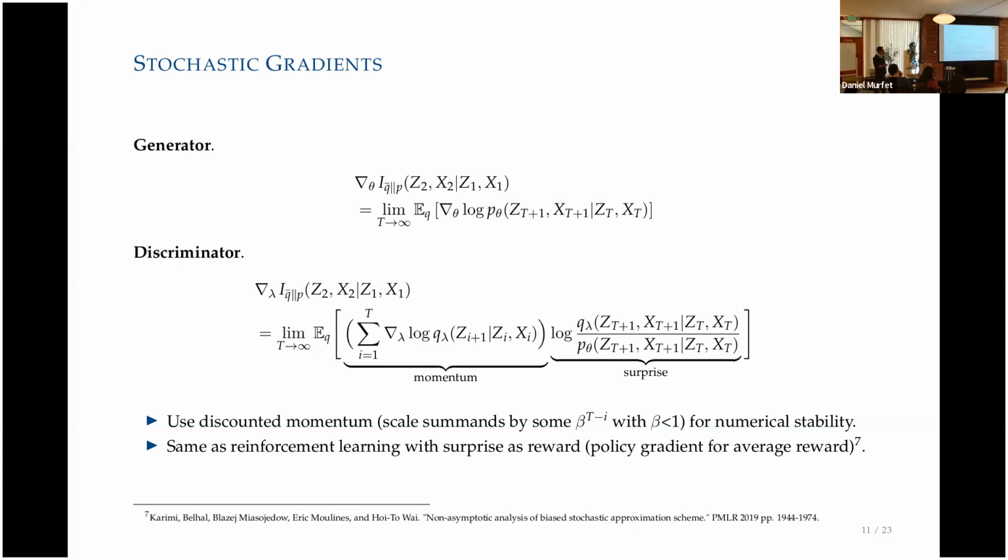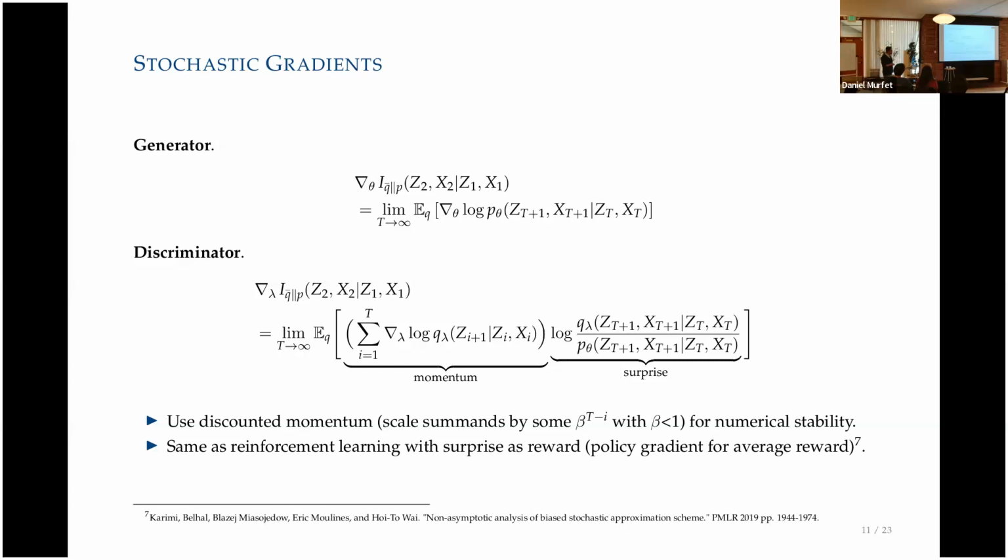One way to do this is to expand Q bar out into an infinite chain. Once you do that, you get not only the usual log derivative term that you see over here, but also this infinitely long sum of Q lambda terms that comes from this chain, this dependency on the stationary distribution Q bar, which is not usually there in deep learning. And this is the interesting part.